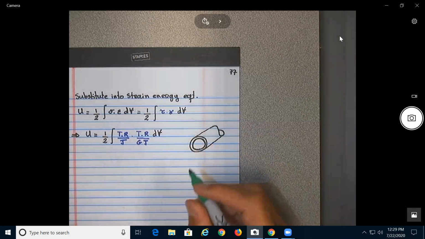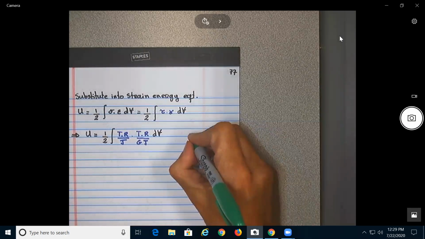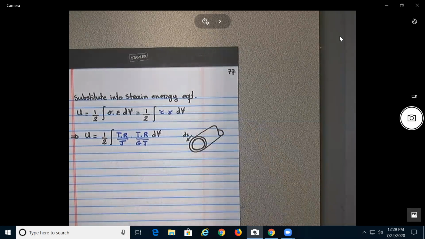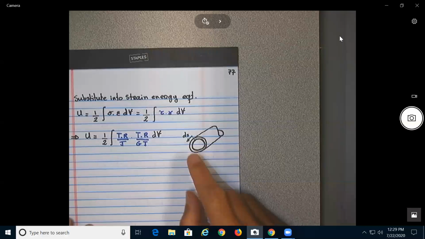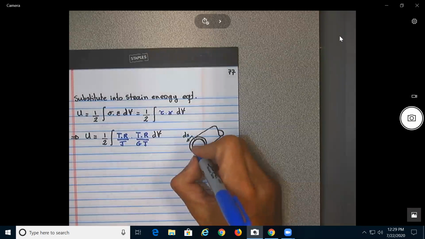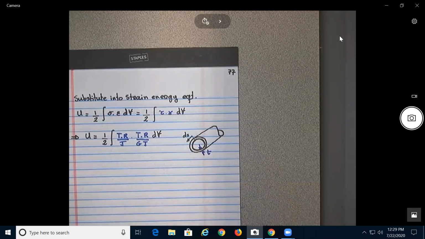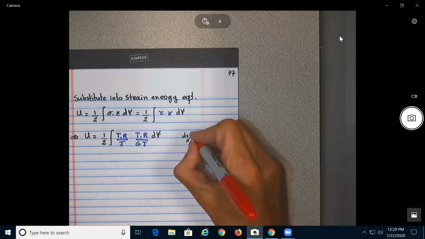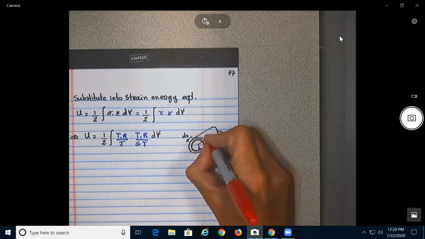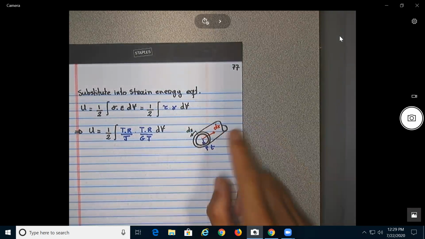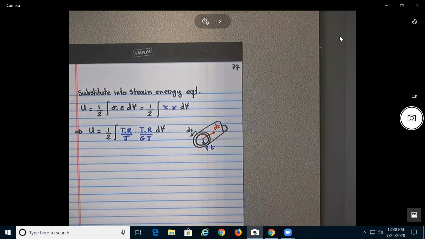So in order to calculate the volume, let's say this will be ds, you go around the circumference. Let's say this has a thickness T and a length dx. Maybe I should keep this one. Yeah, it's fine. Too late to change the notation.